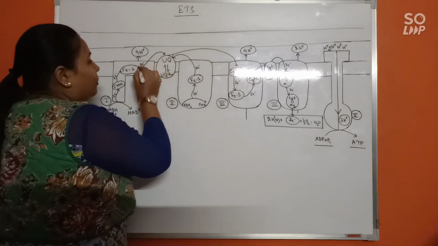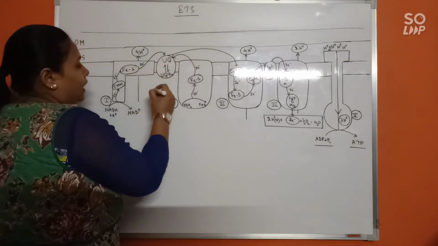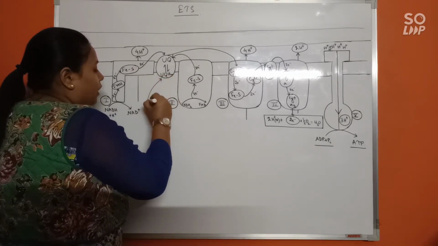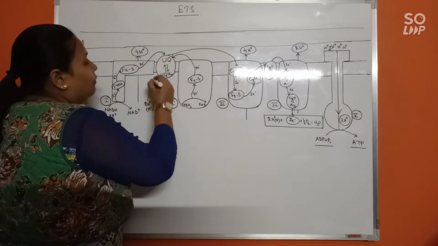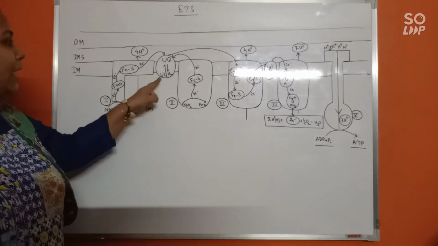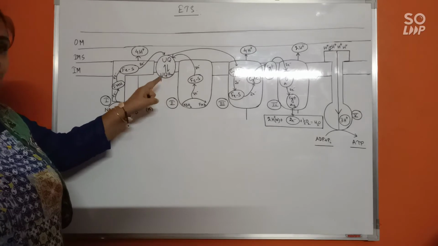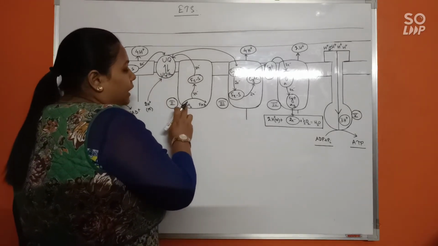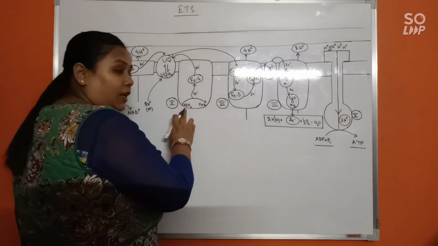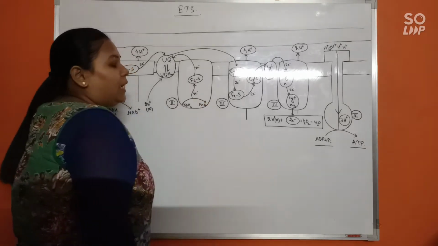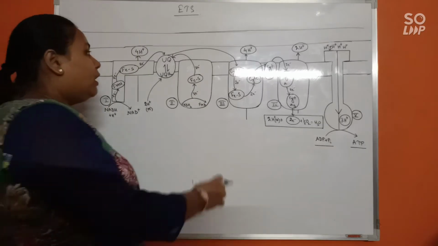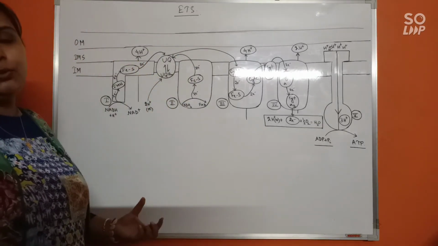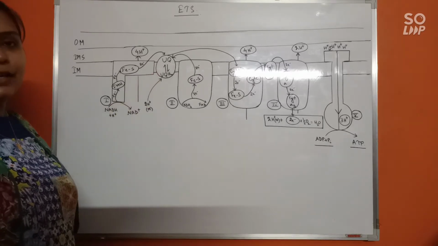Hence, ubiquinone, by taking the 2 electrons from FeS and also by taking 2 protons from the matrix, will finally be converted to ubihydroquinone, UQH2. Now, in complex 2 also, the electrons released from FADH2 will be taken up by iron sulfur protein, and from there finally taken up by another ubiquinone, giving rise to ubihydroquinone.